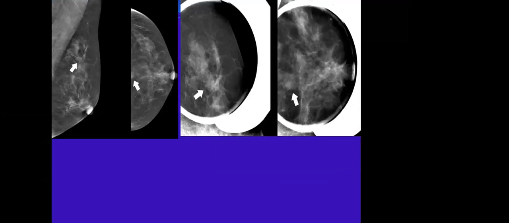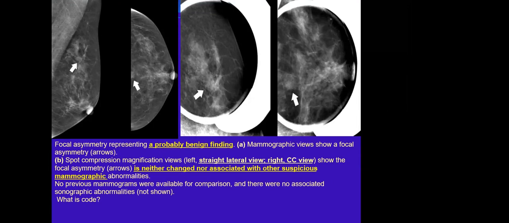And in these examples, also a focal asymmetry, a focal area of denser tissue seen in MLO and CC view. And still here, it doesn't show a real lesion. It shows just an area of focal asymmetry. Still, there is a focal area of added density. So I need to go further with ultrasound to characterize it.